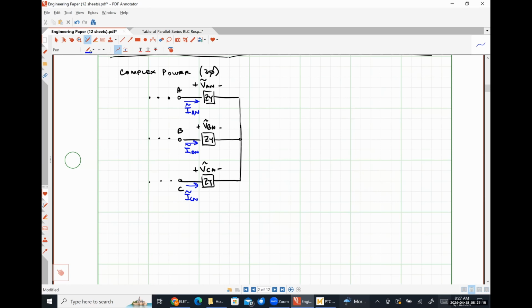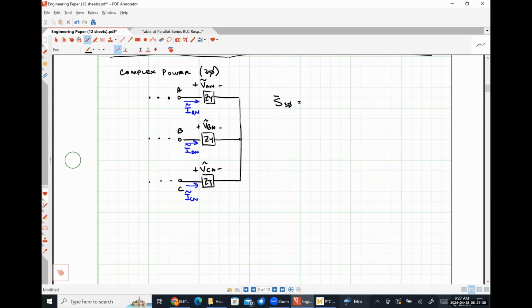So I would argue the total complex power absorbed by our three-phase load here is just going to be the complex power absorbed by the A phase plus the complex power absorbed by the B phase plus the complex power absorbed by the C phase.